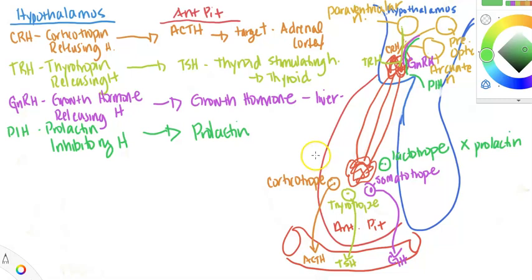It stops blocking prolactin to allow you to make milk and breastfeed the baby, and then when that's done, PIH comes back up again, so that we're not always lactating. Okay. All right, so that's a little bit different, something you just have to remember. So prolactin inhibitory hormone is that one.